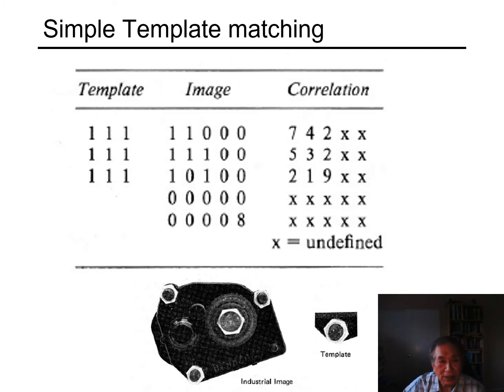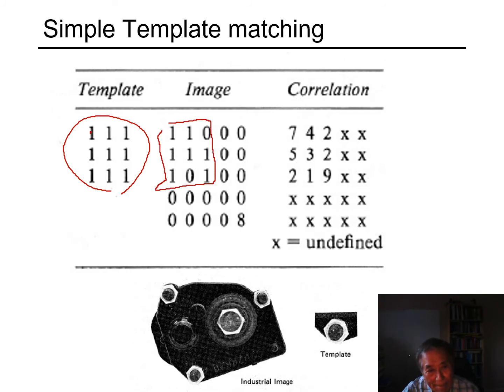This is then template matching, simple template matching, the easiest way. So we said here's a template, and this is what we do in exercise 1 in the lab. So what you do is you superimpose that one over here. So 1 for 1, 1 for 1.